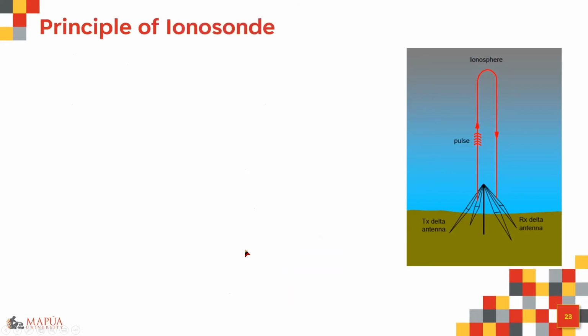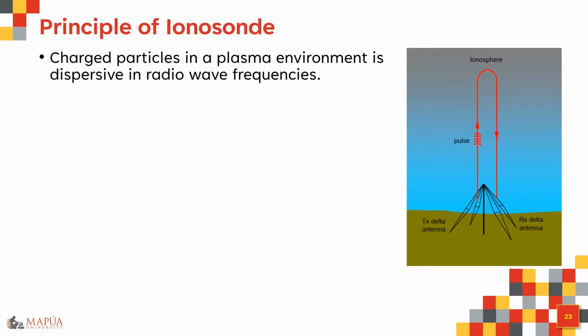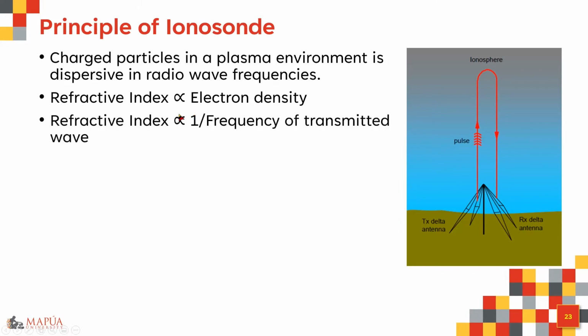What happens here is that the ionosphere, as a plasma environment with charged particles, is dispersive to radio waves. In other words, the refractive index of the ionosphere is dependent on the electron density. In fact, the higher the electron density, the higher the refractive index.